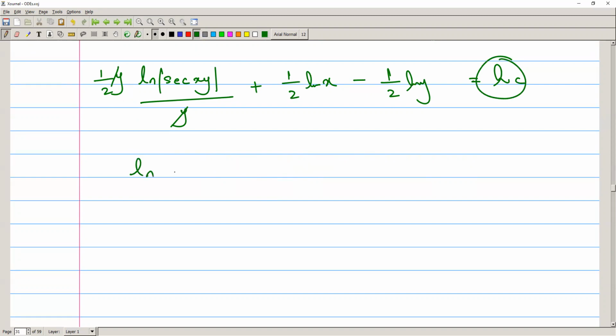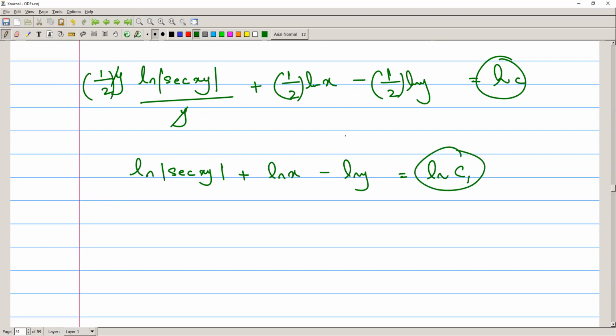So I can write it in this way: ln sec xy plus ln x minus ln y is equal to ln c1. This 1 over 2 is common everywhere, so I shifted it to the right hand side, multiplied by ln c and named it ln c1, because it's a constant and it doesn't matter.